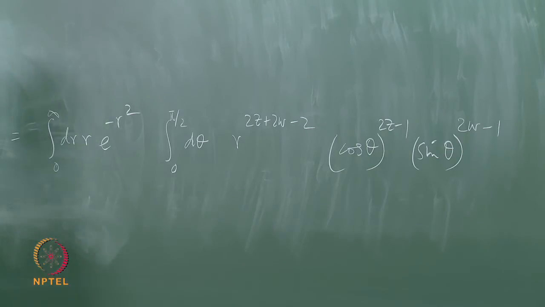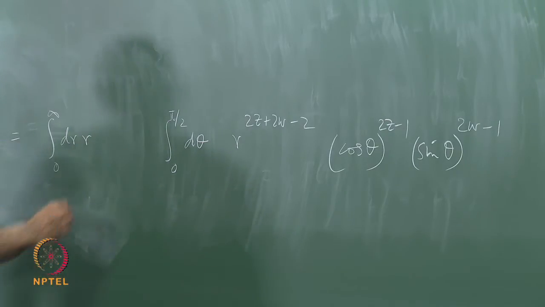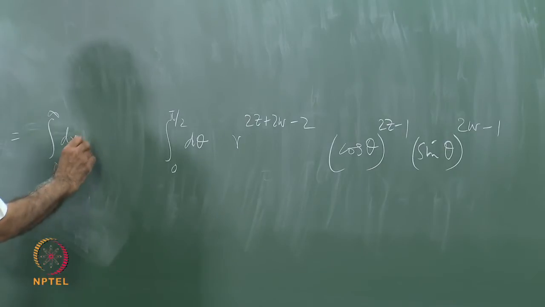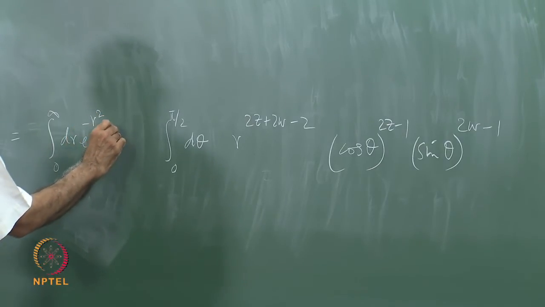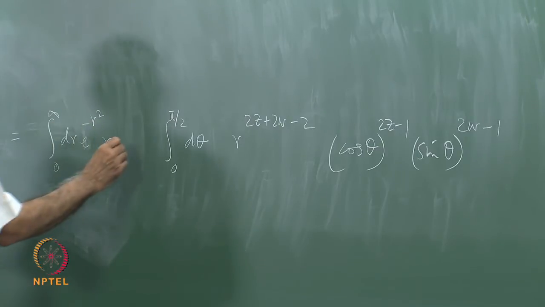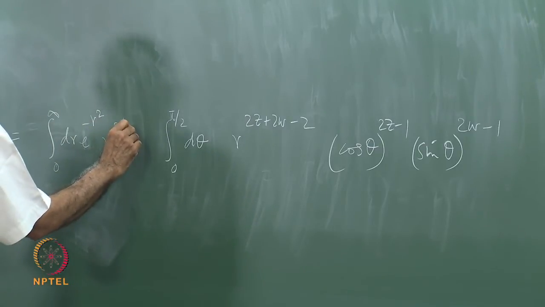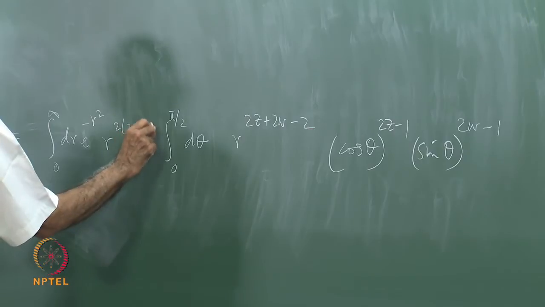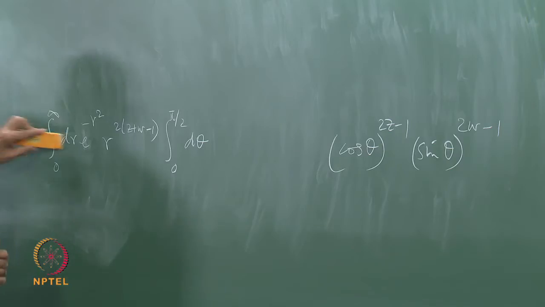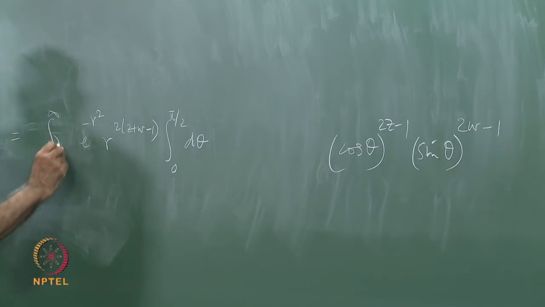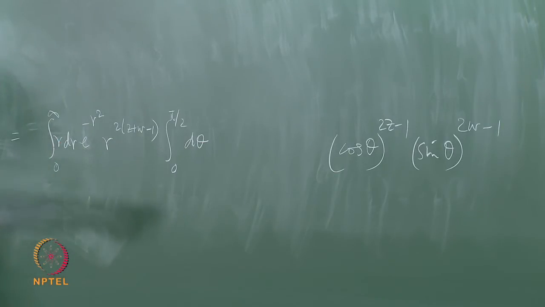Okay. So let us bring the r's together. There is an e to the minus r squared, and then an r to the power, well, let us leave the r here and write this as twice z plus w minus 1. This factor is out, and you have this, and there was an r dr times this integral.